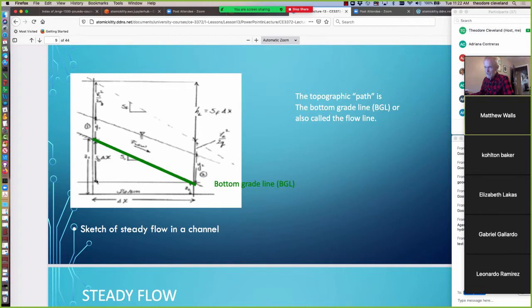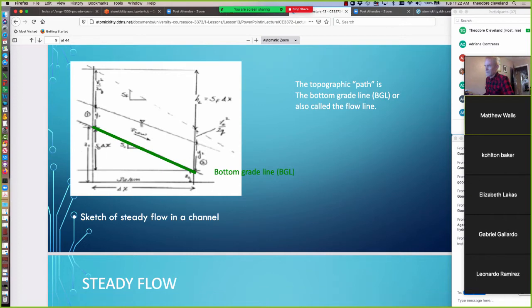And that distance happens to coincide with the value of S sub 0 times delta x. So S naught delta x is the change in elevation. Similarly, in the energy grade line, we have a similar definition that says that the head loss is equal to S sub F delta x. So those two terms will play an important role coming up.